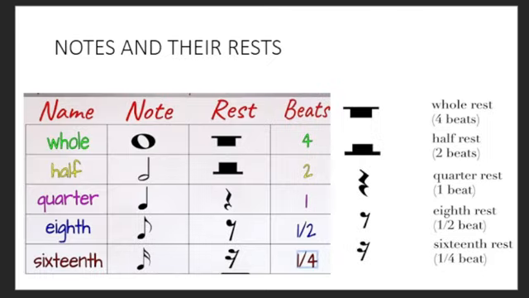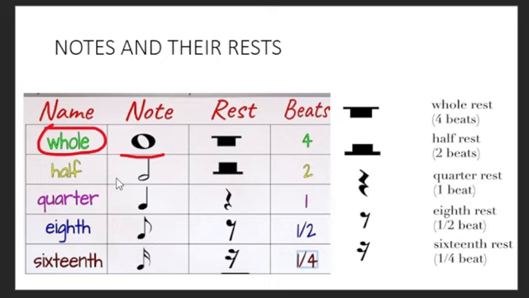Another example, remember what I said. In the UK we say semibreve, but in America we say whole note. This one is for the Americans. Americans say whole, half, quarter, eighth, and sixteenth.